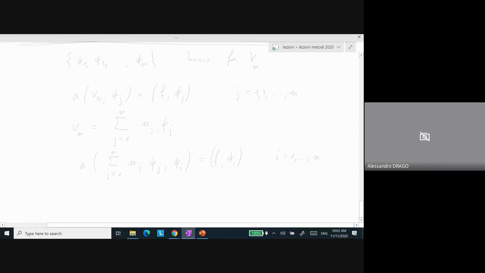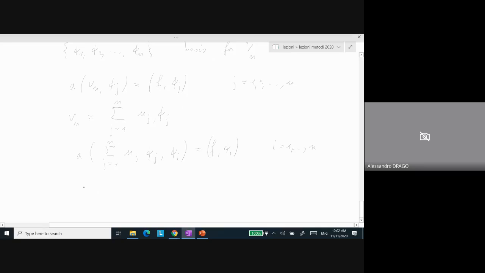And finally, I make use of the linearity of A, and therefore what I'm getting is the sum over j of A of phi j, phi I, times Uj, and this must be equal to f phi I again.